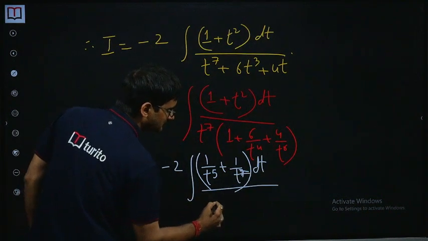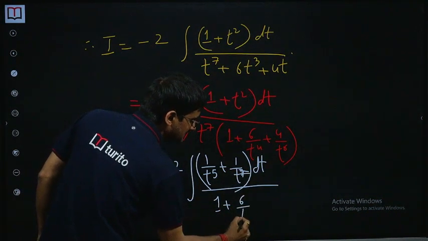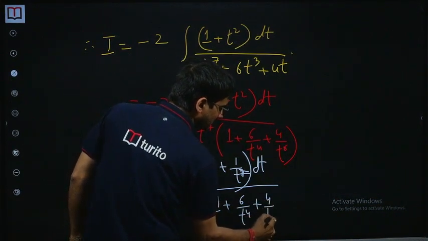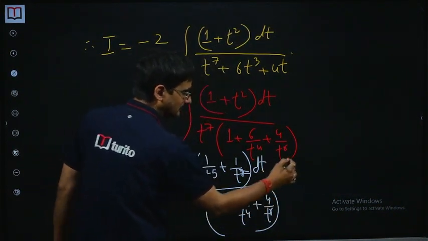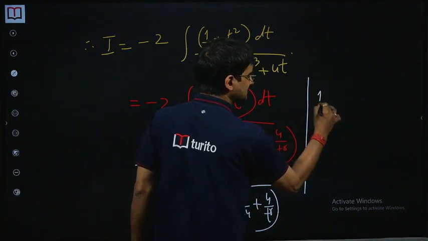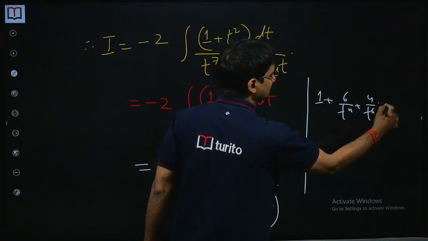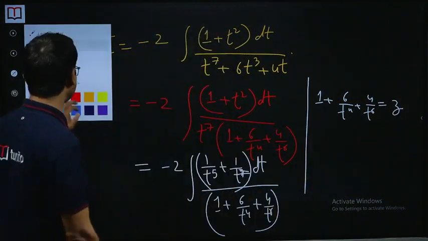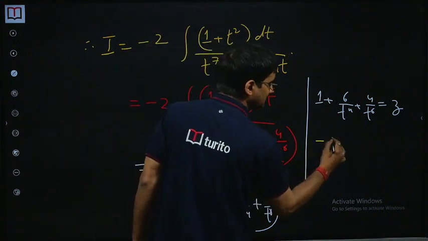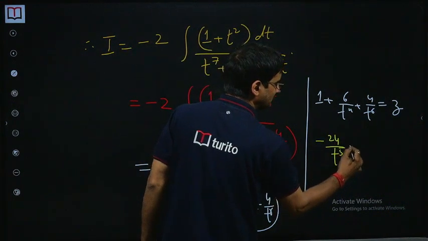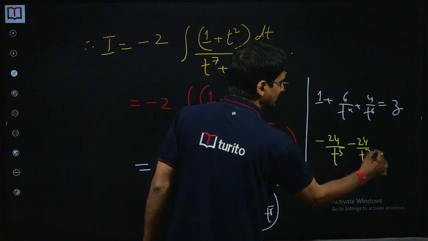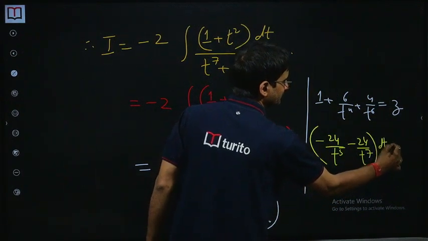I think, bachcho, now you people can see easily what we are going to do. So next, 1 plus 6 upon t raised power 4 plus 4 upon t raised power 6 may be z. So if you differentiate it, what do we get? We get minus 24 by t raised power 5 minus 24 by t raised power 7 dt as dz.